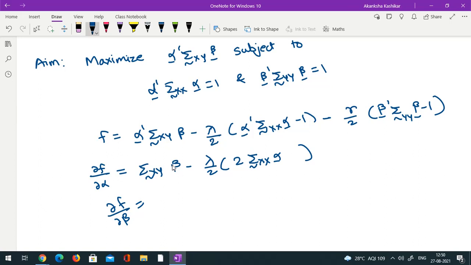Ma'am, it will be alpha dash sigma xy. Is it? Just check. See, we have to always worry about the orders also. We are differentiating with respect to a matrix or a vector.